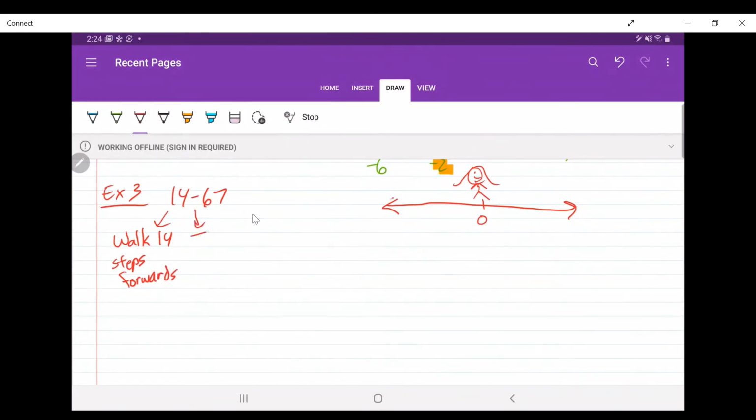And then we need to turn around. And finally, we walk 67 steps forward, because the 67 is a positive number.